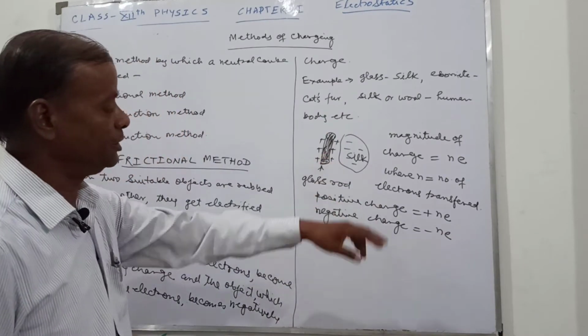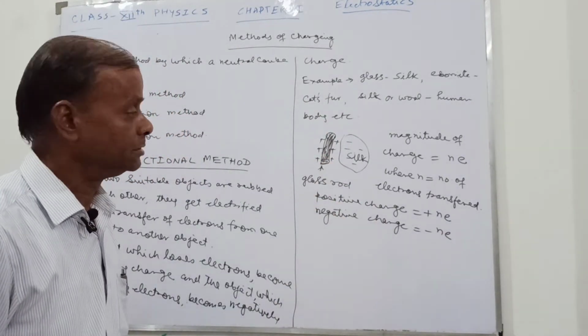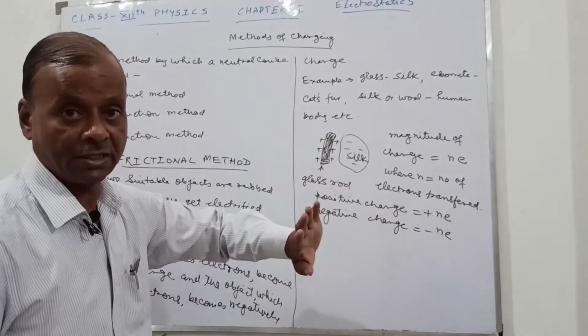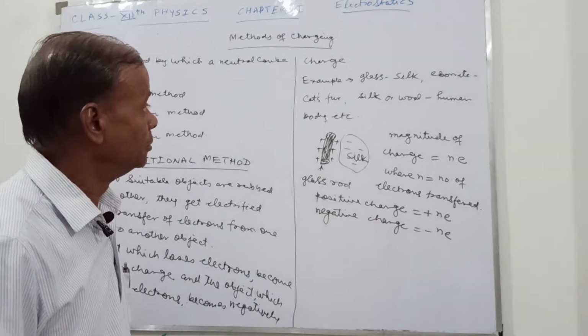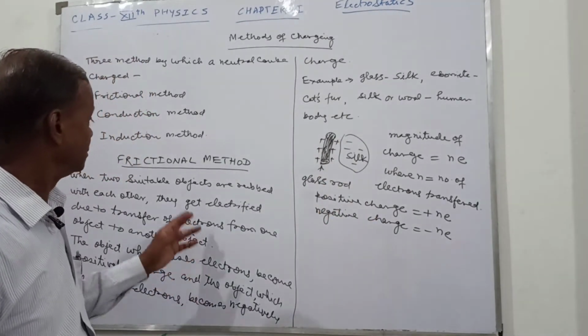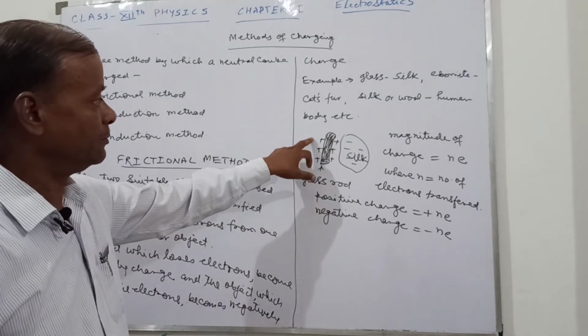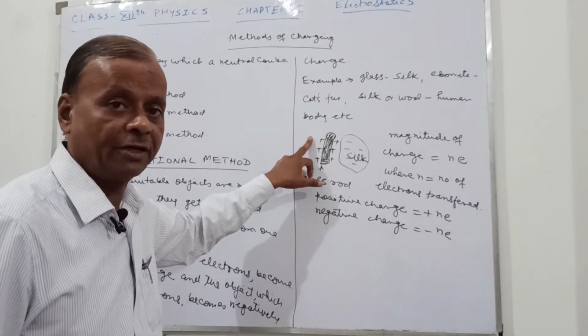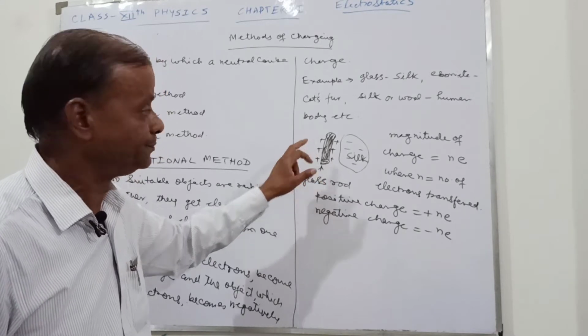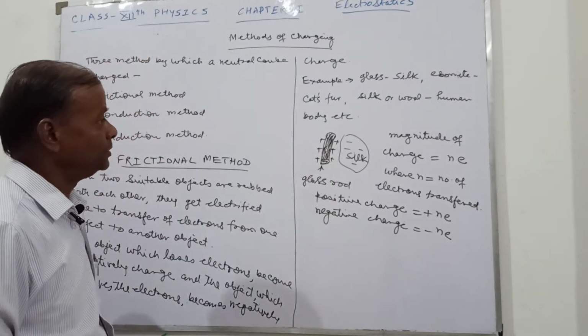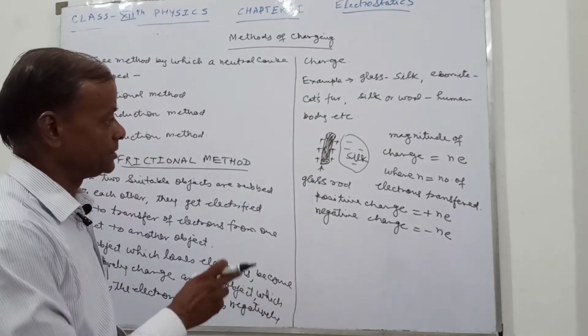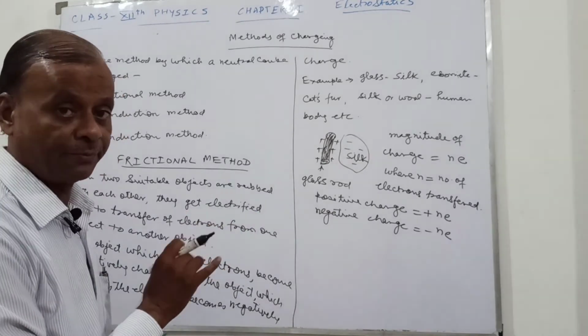Both the charges are equal and opposite, so the net charge on the system is 0. This is the frictional method, by which bodies can be charged by rubbing with each other. In this, the charges on each body are equal and opposite.